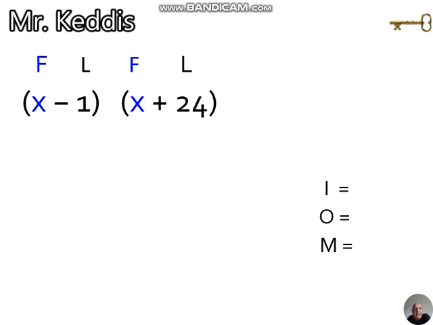X times x, I get x squared. Last times last, negative 1 times positive 24, I get negative 24. The inner term, negative 1 times x, I get negative x.